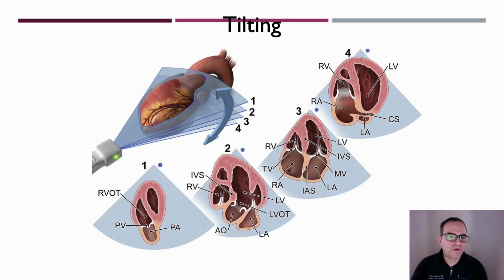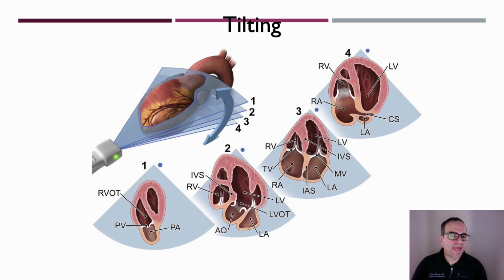It is important to get familiar with other terminology used very commonly. One of them is tilting or fanning. For tilting or fanning, the index marker hasn't changed, so your axis remains the same.